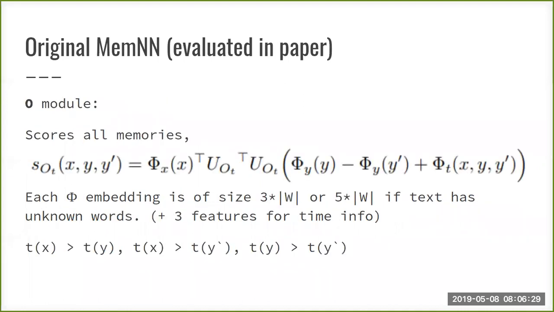Then for the output internal representation, this formula involves extra information about the time when this fact was presented, but initially this part was absent.